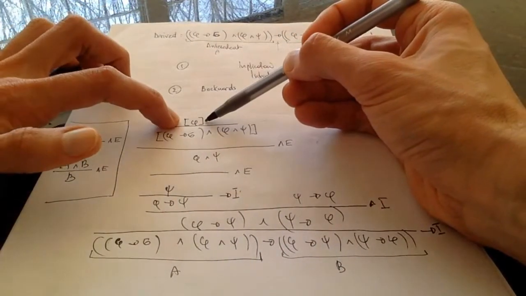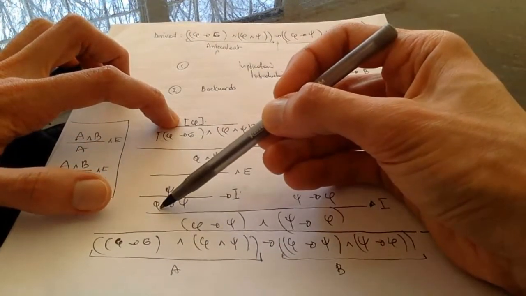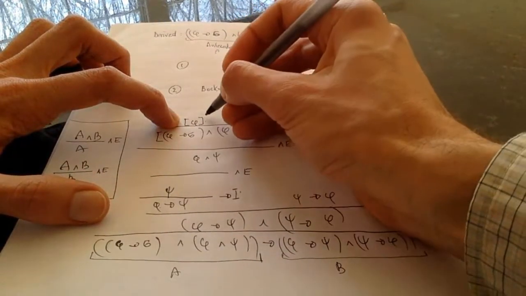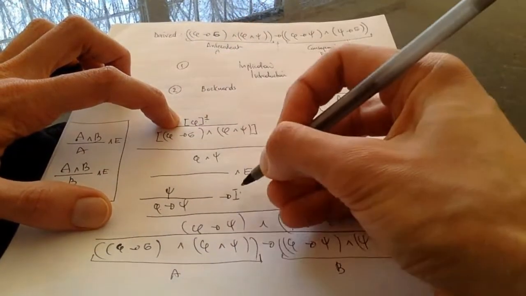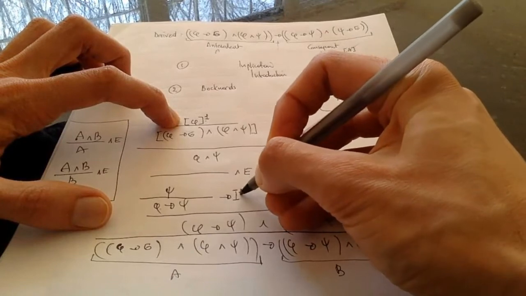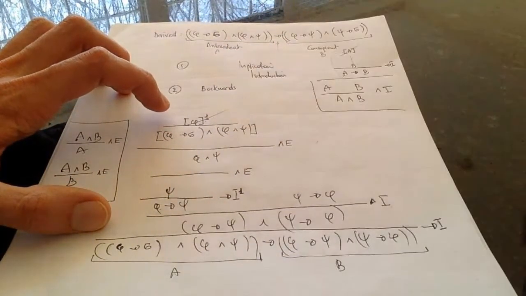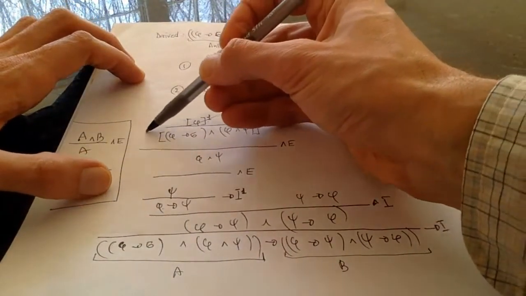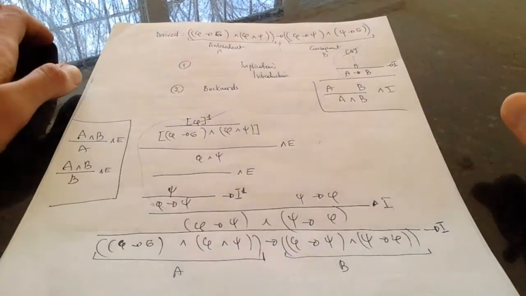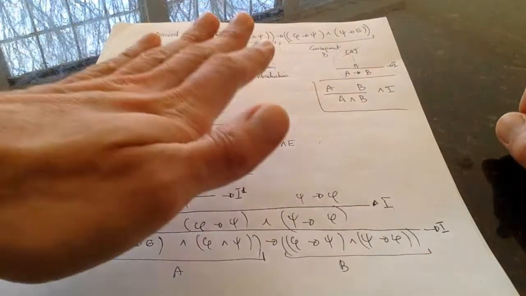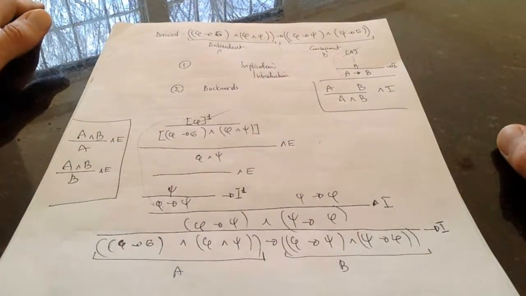So our assumption here has become the antecedent of our implication. So if I call this assumption number 1, I can keep track of this in this application of the rule, and I can cancel it because the assumption became the antecedent of our implication. Okay, so this branch of the derivation is done.